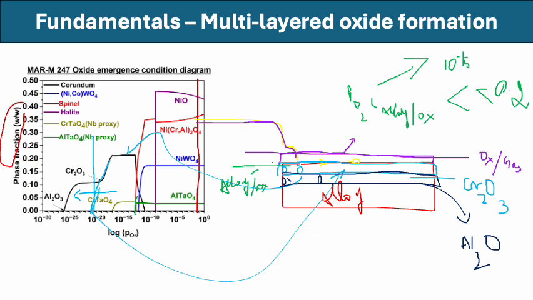You might have 4 layers of oxide forming based on their stability, because we always need to know that the outermost oxide gas interface has close to ambient pressure, but the innermost oxide interface should have very low oxygen partial pressure.